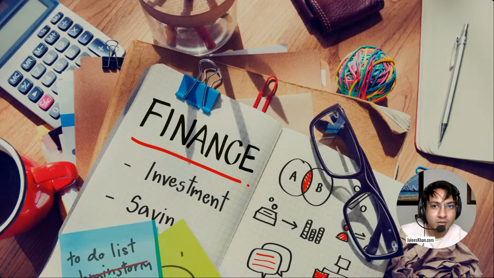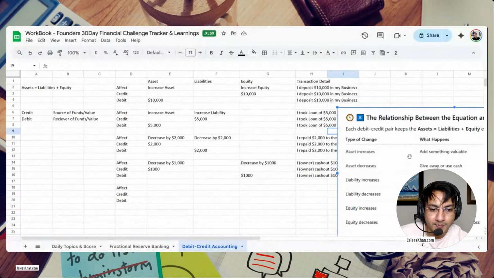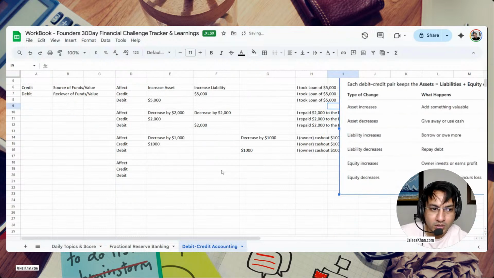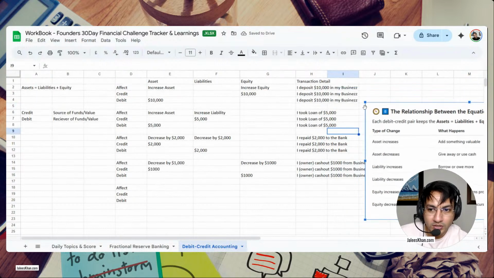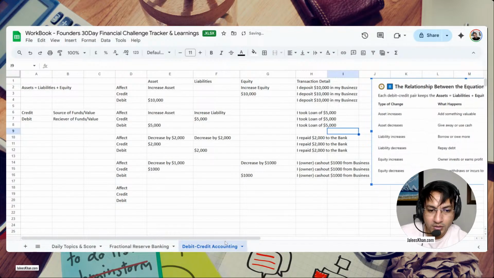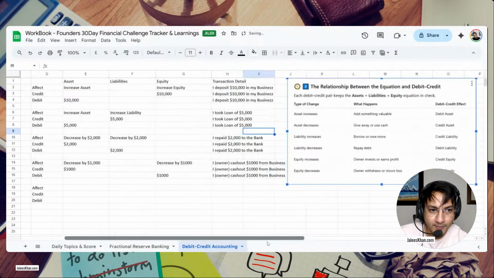So here it is. Which type of scenario have we already done here? It is this one.